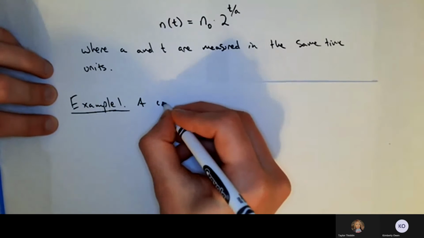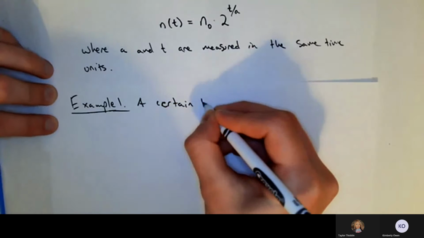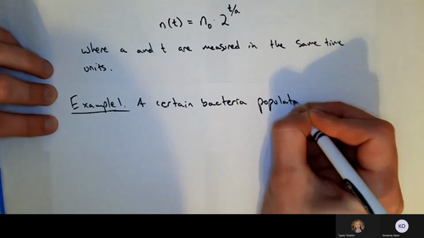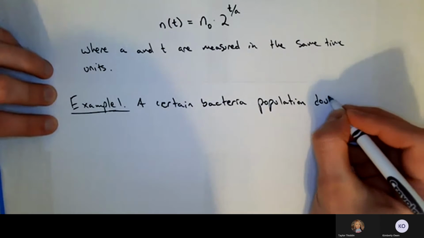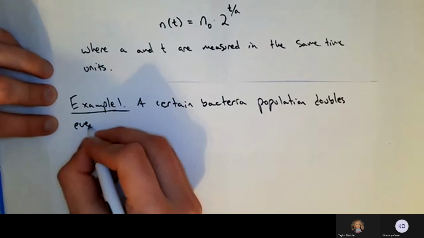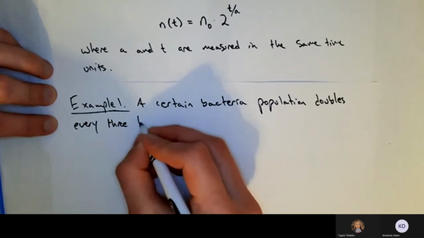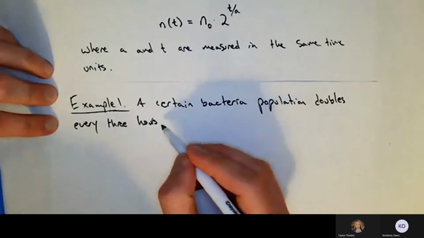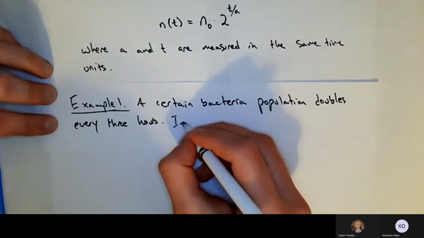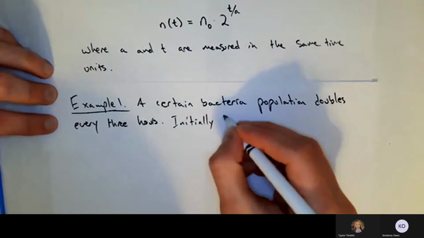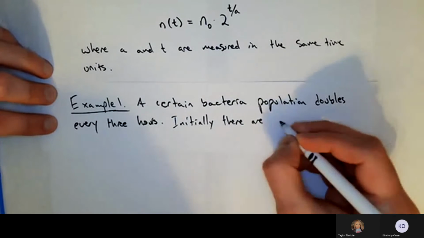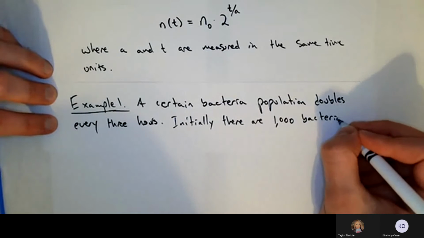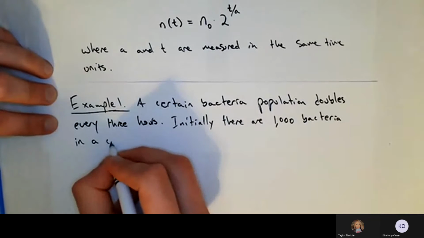A certain bacteria population doubles every 3 hours. So that's the doubling time there. Doubles every 3 hours. Initially, there are 1,000 bacteria in a colony.